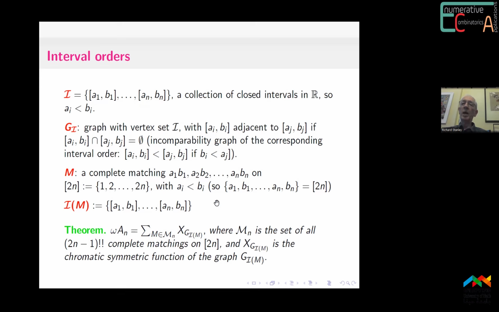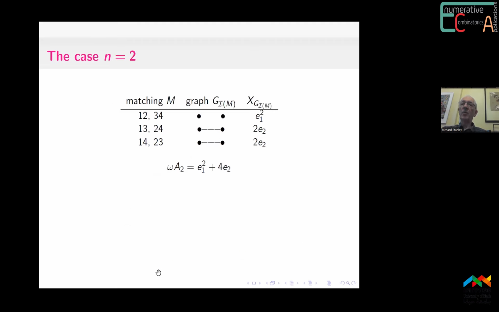If we apply omega, the usual automorphism on symmetric functions, which interchanges the e_lambdas with the h_lambdas, to A_n, it's just a sum of certain chromatic symmetric functions of certain graphs. And those graphs are the graphs corresponding to the matchings on 1 up to 2n.